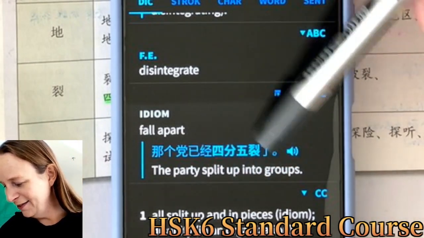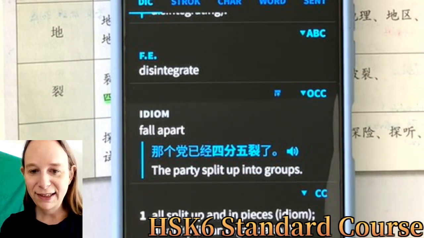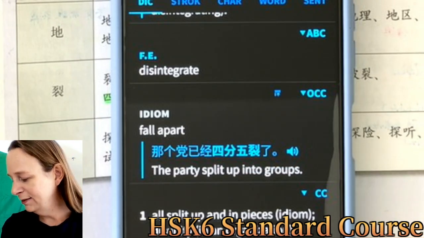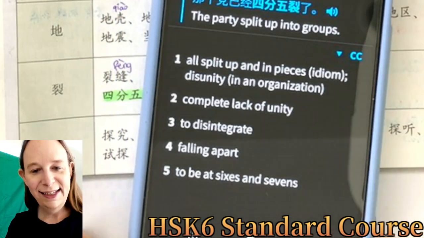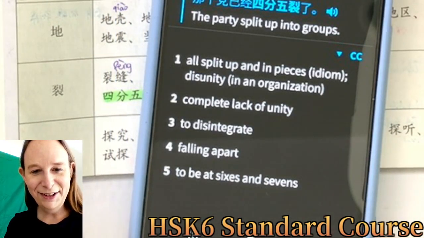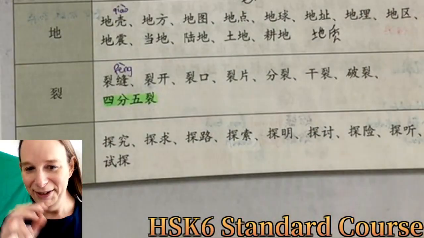So here it's functioning as a verb, right? The party has split into many factions, etc. Should be at 6s and 7s. Is that a Chengyu in English? I don't know that one. Anyway, I kind of like this Chengyu.